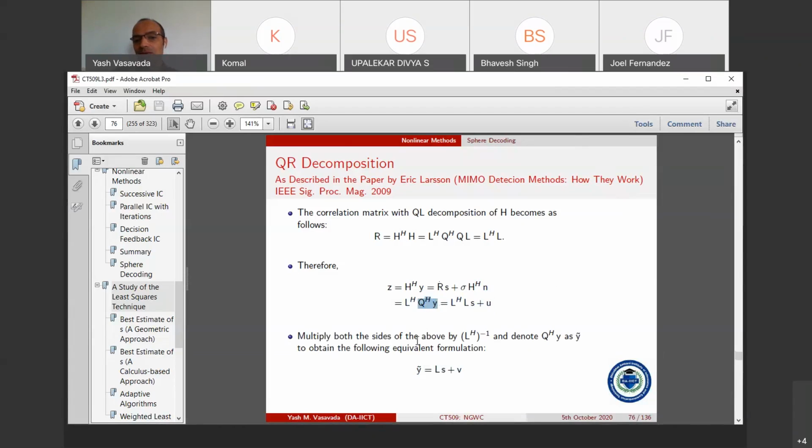Right? So what is Q transpose y? It is nothing but the projection of the received vector y.